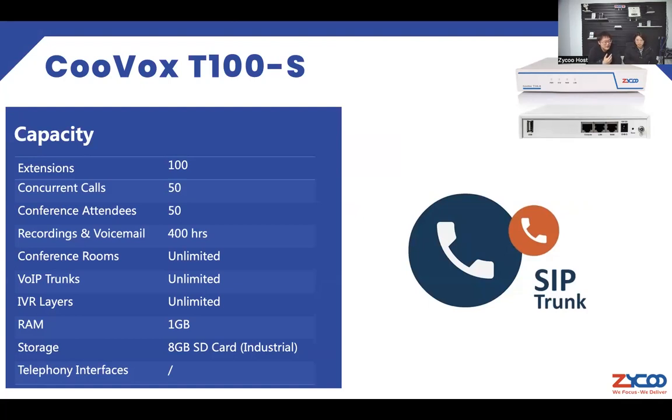It can support up to 100 extensions and 50 concurrent calls, 50 conference attendees. It also supports up to 400 hours recording and voicemail. And by the way, it supports unlimited VoIP trunks. In the storage field, it uses an 8 GB SD card.